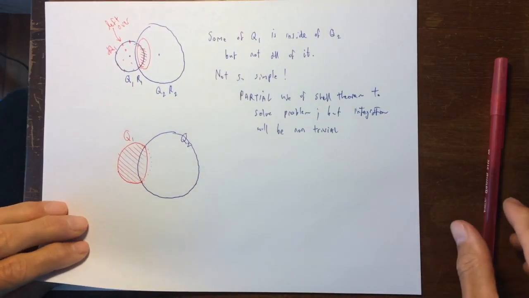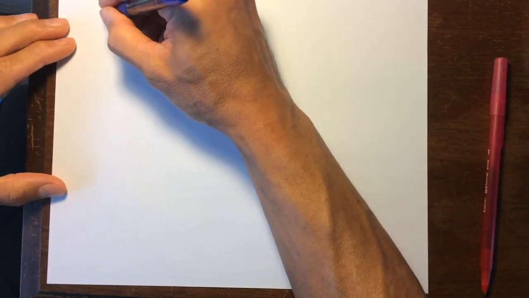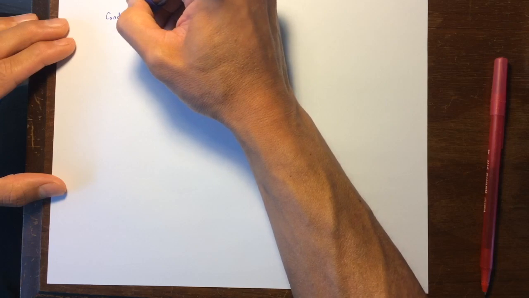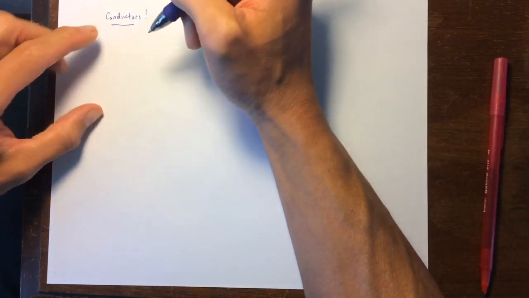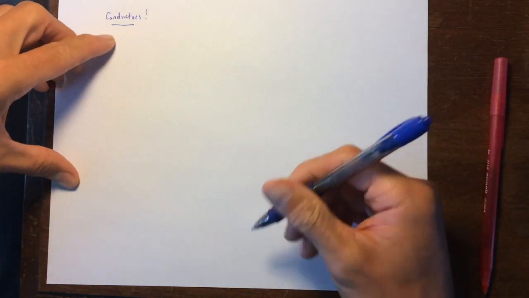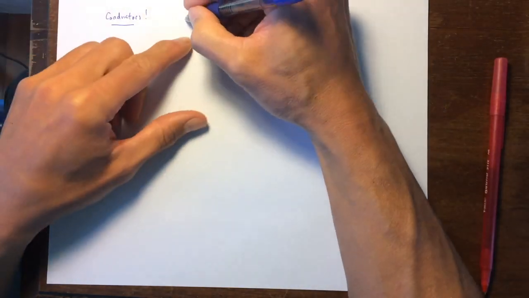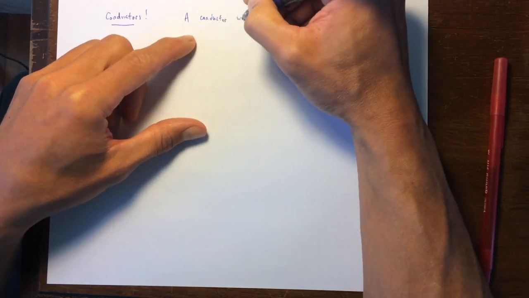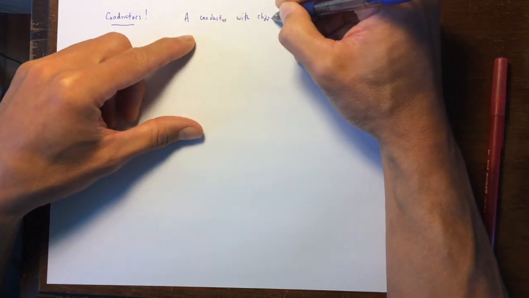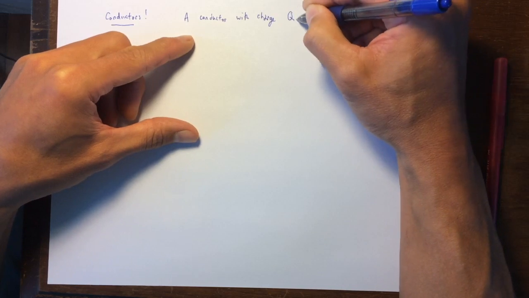So one last caution when you have conductors. Let me show you something. So let's imagine a conductor with charge Q sub c.